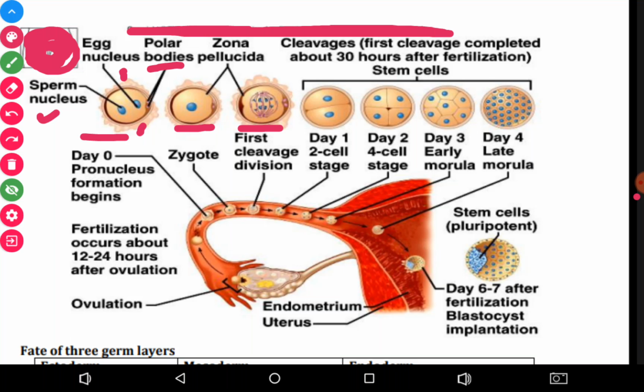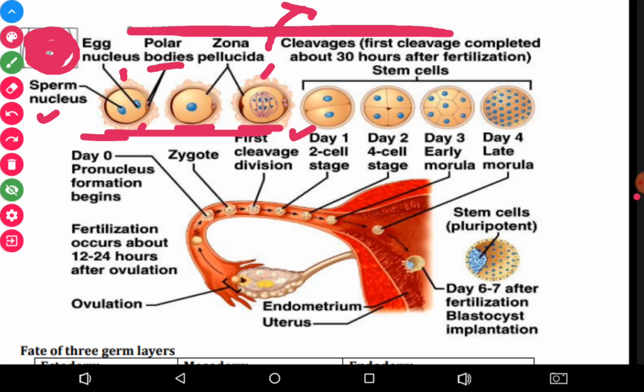Whenever both haploid nuclei get fused, there will be a change in the zona pellucida. It will change into a vitelline membrane and prevent the entry of another sperm. This happens at the ampullary-isthmic junction. And now this first diploid structure, the zygote, will start to travel towards the uterus.